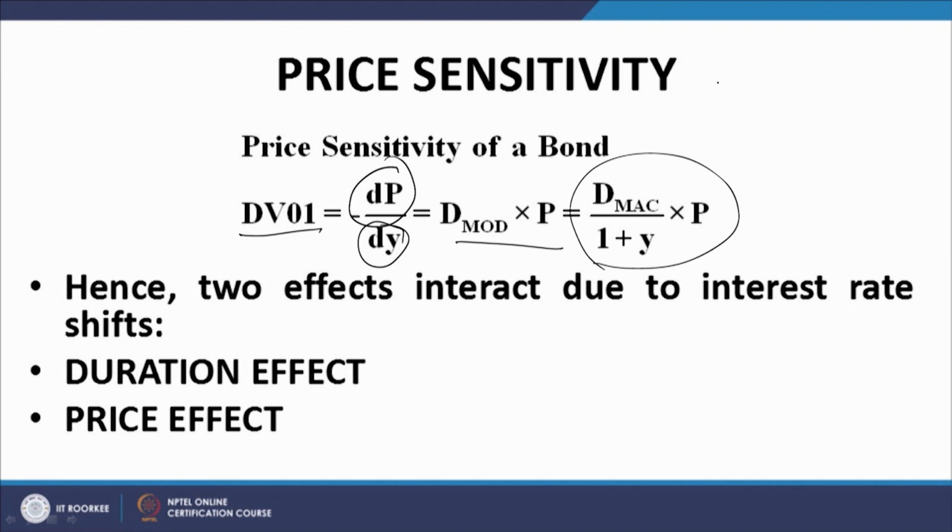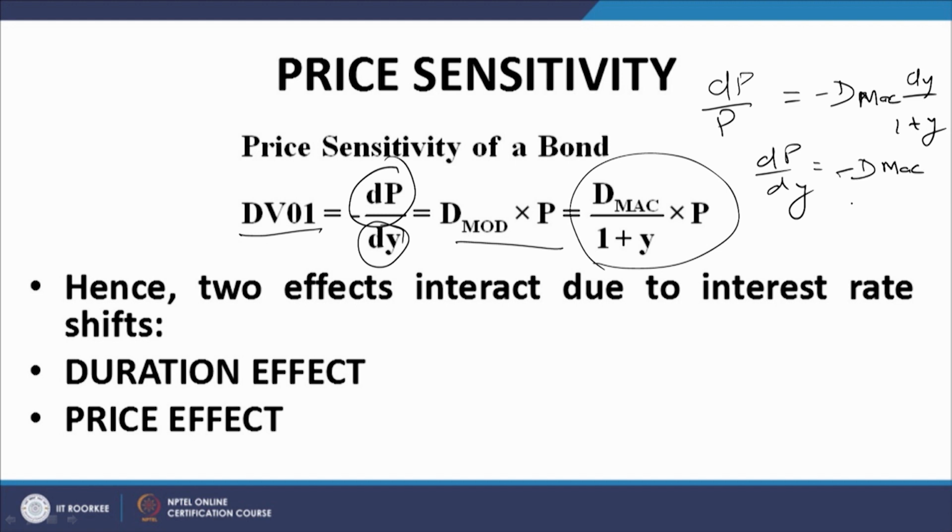As you remember, how did we define DMAC? DMAC was defined in terms of dP upon P is equal to minus DMAC dy upon 1 plus y. What does this give you for dP upon dy? That gives us dP upon dy is equal to minus DMAC into P divided by 1 plus y.